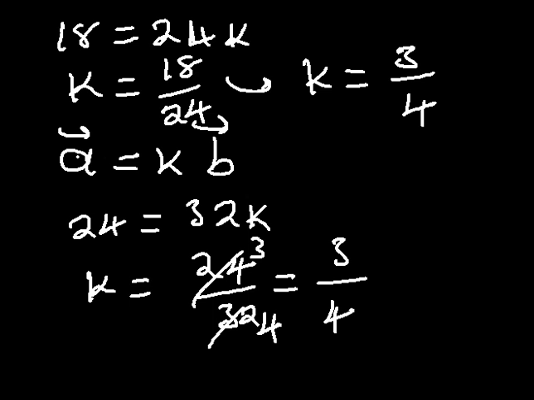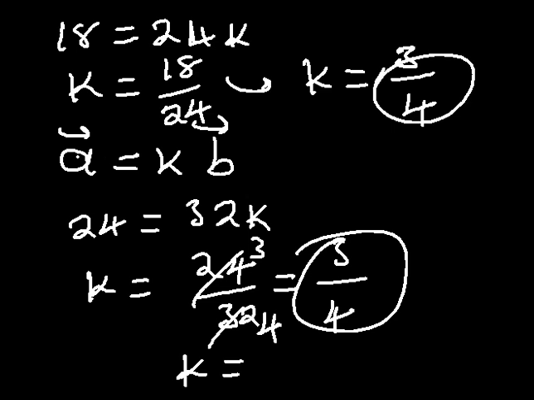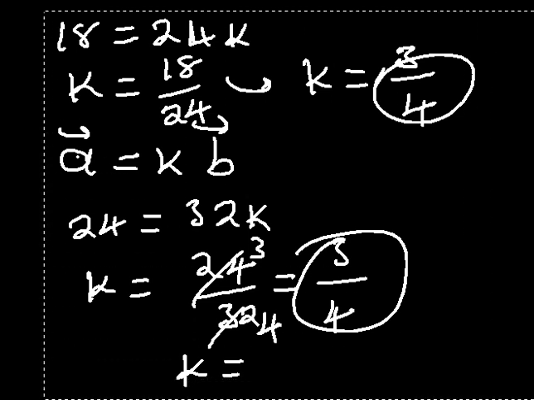Now since the values of k in both components, that is along x as well as y, are the same, it means the two vectors are said to be parallel. That's how we should get it.